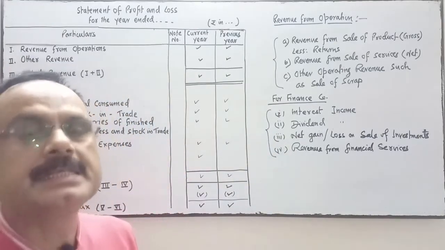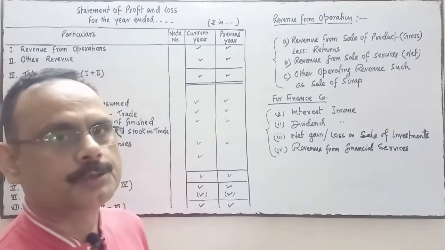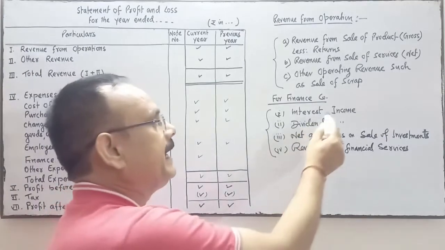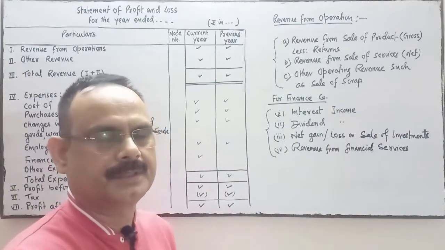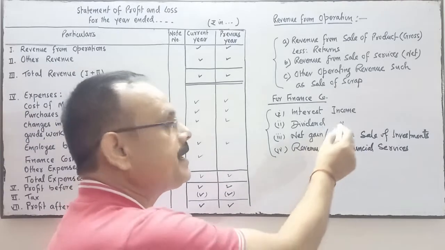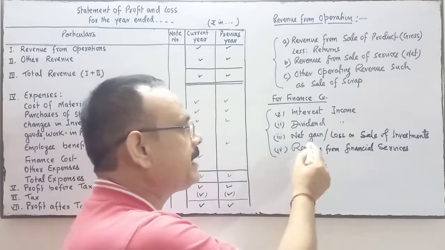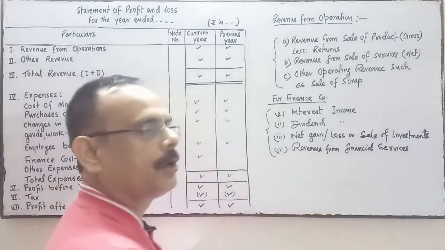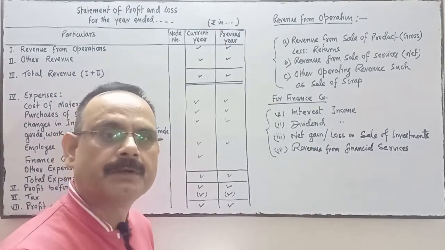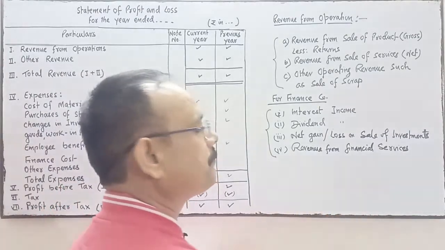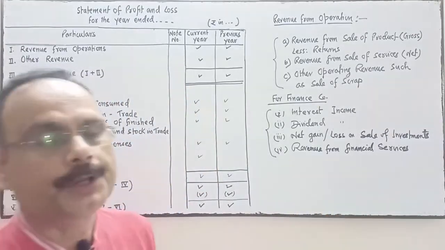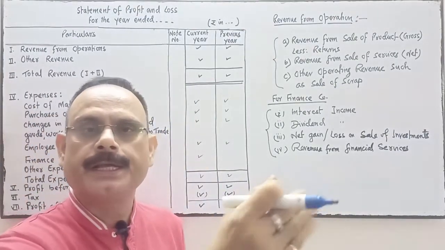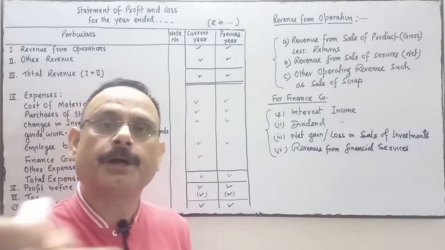So the main income, revenue from operation for a finance company, is interest income, dividend income, net gain or loss on sale of investment, and revenue from financial services. So if it is a finance company, then revenue from operation will be taken on the basis of the nature of the company.